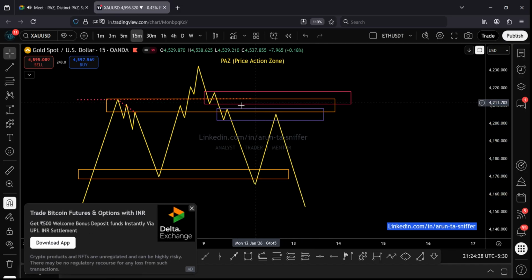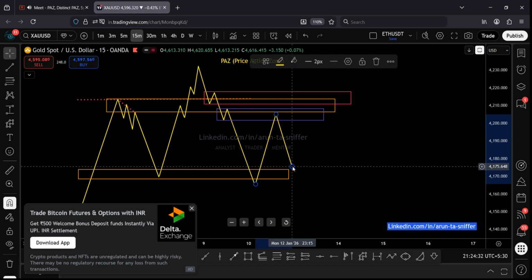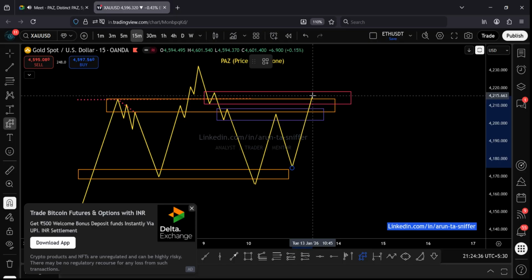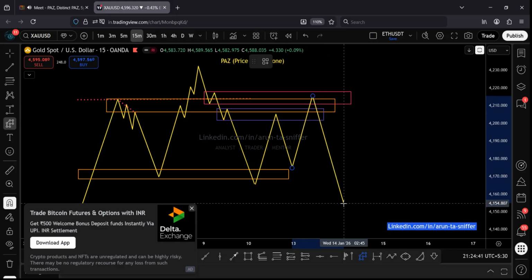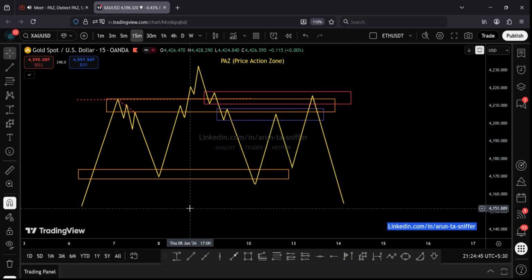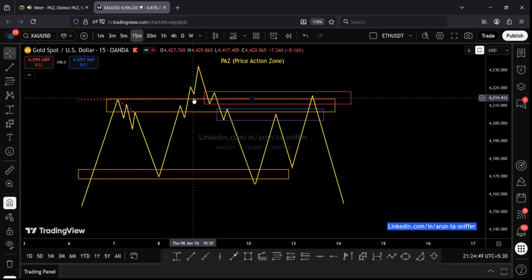But this did not hit this LS, so this is also possible. The price comes down like this and then goes back up again to LS. This will work as DP and then comes down. So we call this symmetry using distinct price action zone.